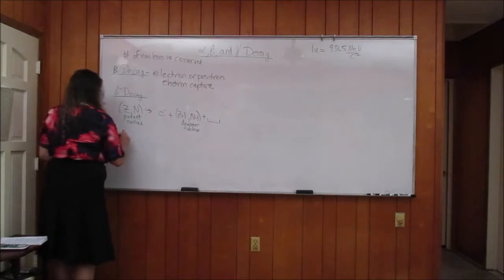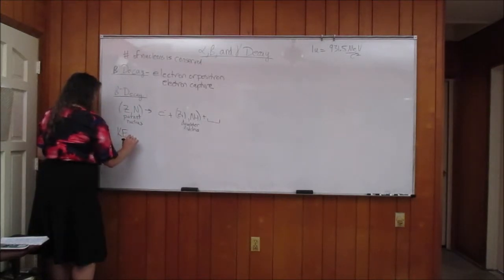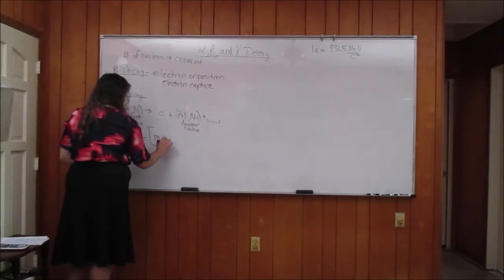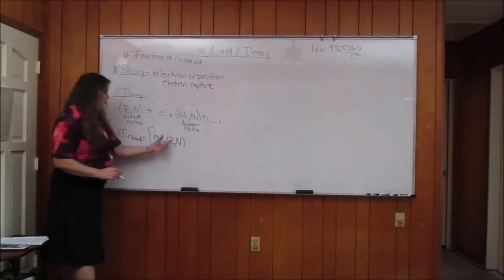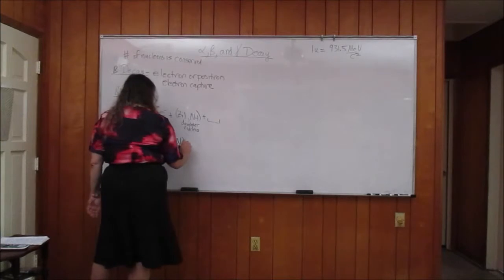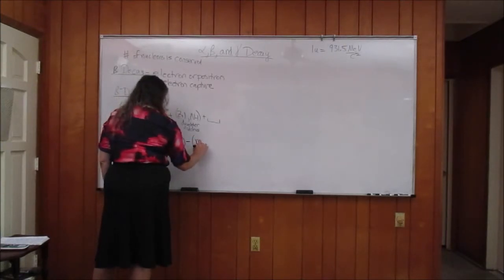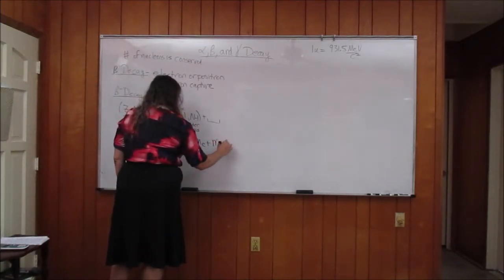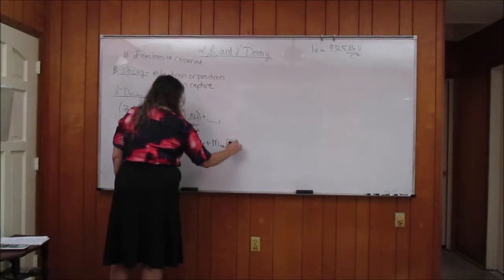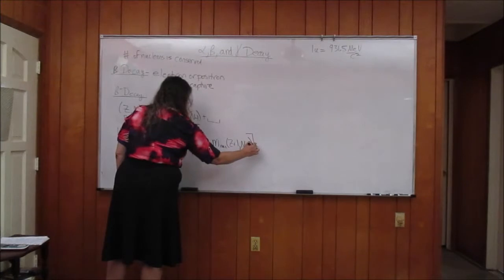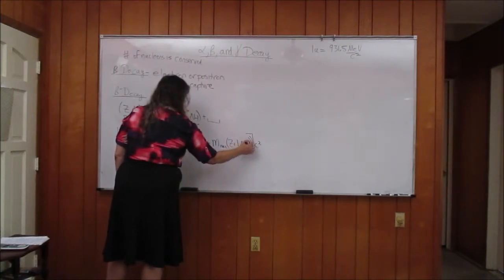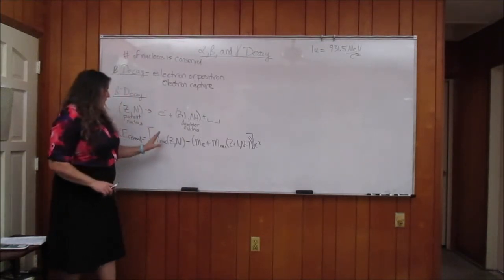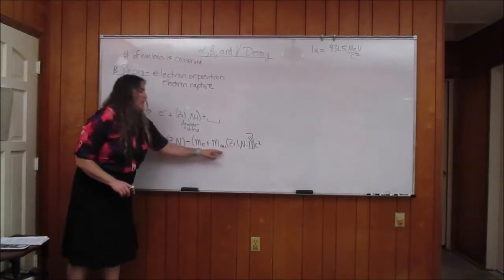So therefore, the mass of the parent nucleus minus the mass of the electron plus the mass of the daughter nucleus is going to be a positive quantity. So this has to be greater than this.